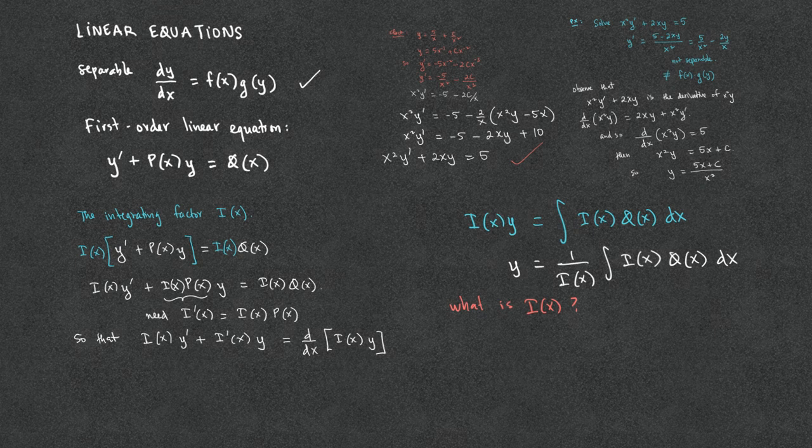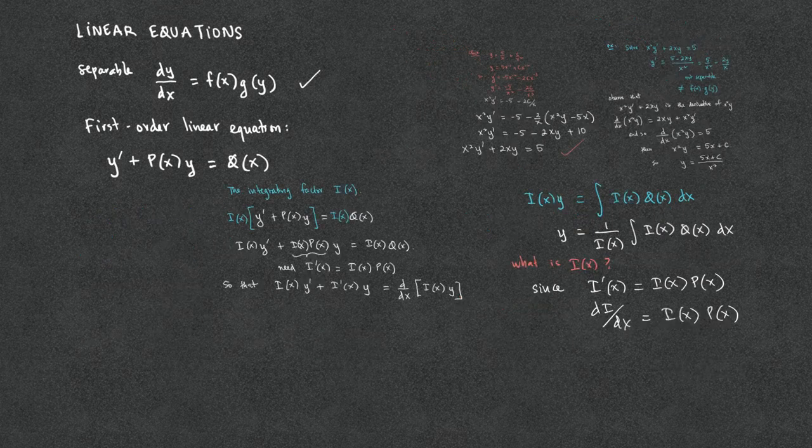So what is this integrating factor I(x)? Since I prime of x is the product of I(x) and p(x), which is what we need, or dI/dx equals I(x) times p(x). This is separable. dI over I equals p(x) dx, and then we integrate both sides of the equation.